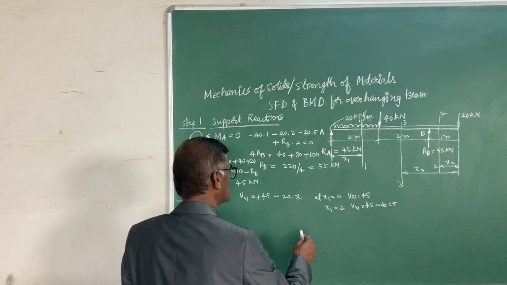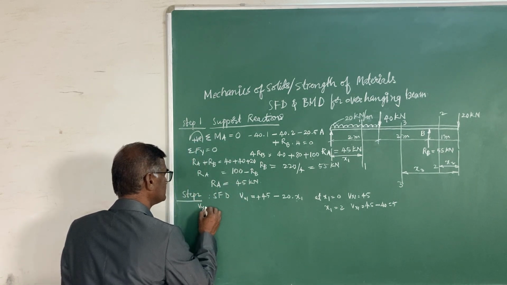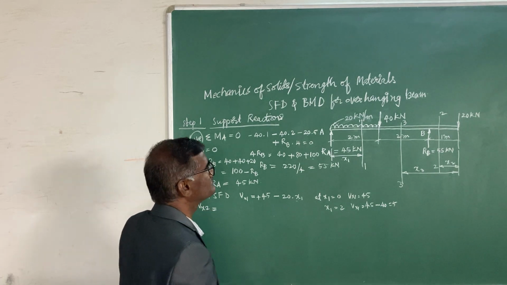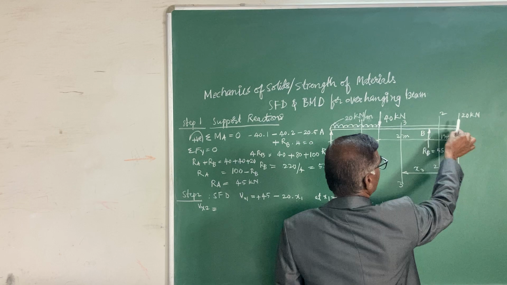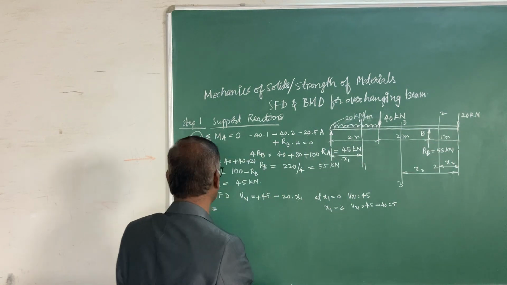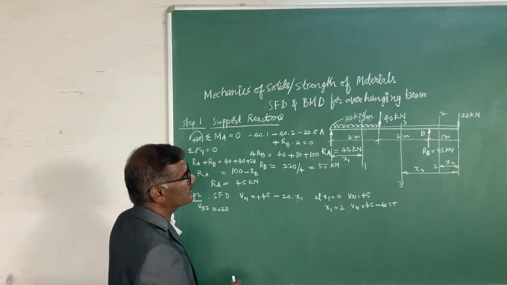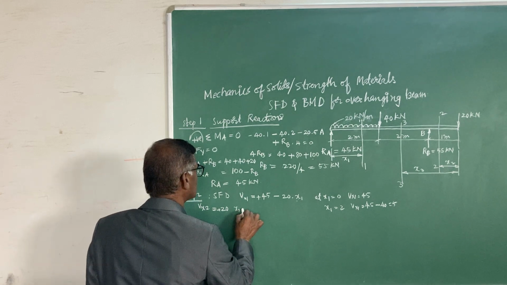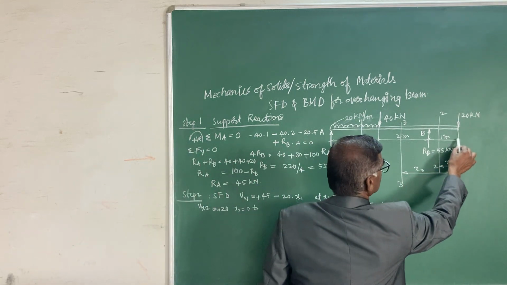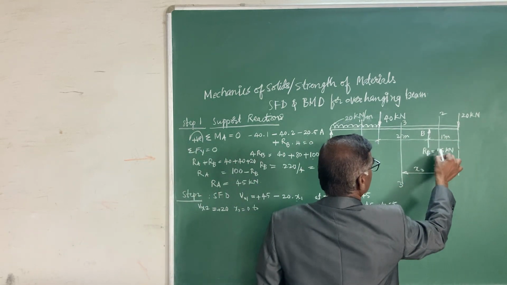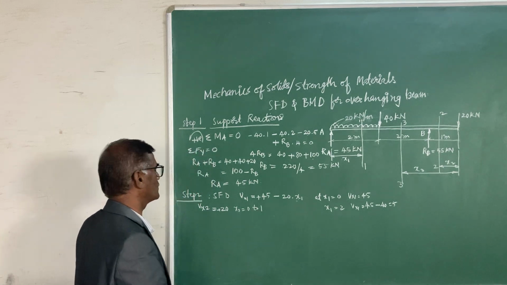Now let us write down the shear force equation Vx2. Vx2 equals your section 2, this is the section, and 20 kilonewtons is contributing clockwise turning effect, and 20 is positive. So this value is positive, and this is valid for x2 equals 0 to 1 meter, throughout this.